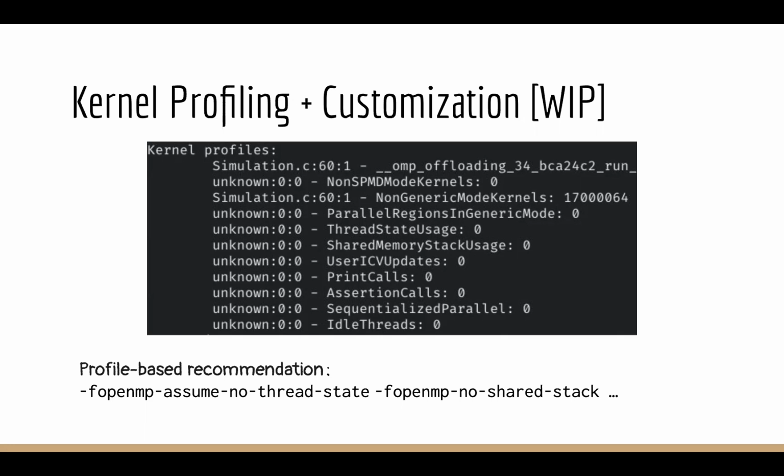So the workflow will be: you compile with kernel profiling, you run it, and then you get suggestions on what compile-time flags and/or kernel annotations to use to get a custom runtime implementation for your particular file or actual kernel that gives you all the features you need without any overhead from the things that you don't.